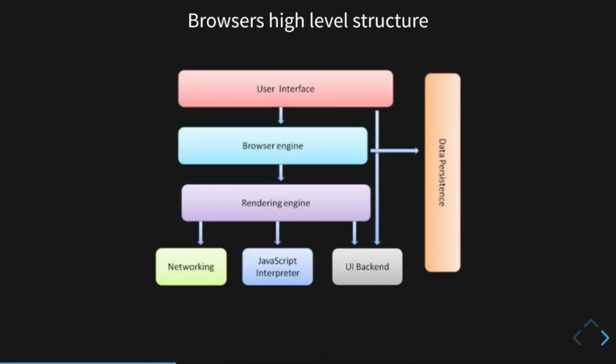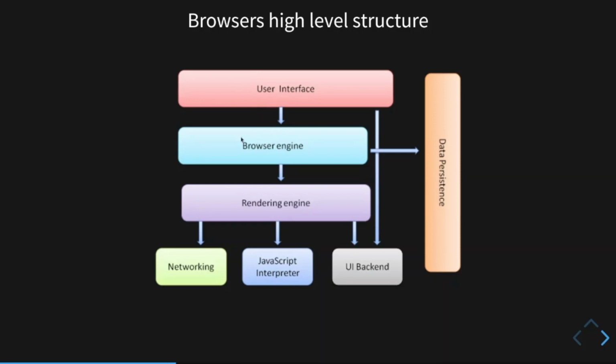So we have an image which describes how these elements are connected to each other. We have a user interface, which we see when we try to do something on the web page.